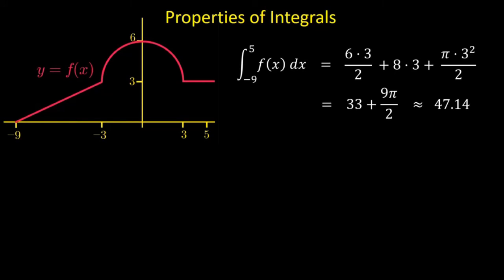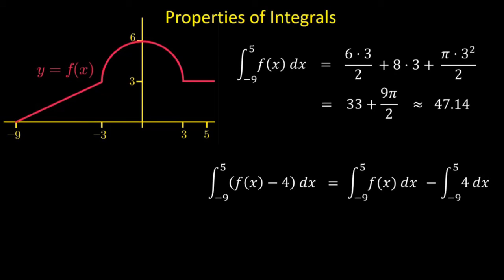Now I want to build on this example by asking you for the integral of f of x minus 4 over the same interval, minus 9 to 5. So it won't be a positive function anymore. That's okay. You just work it out using properties of integrals, which is what we've been doing.